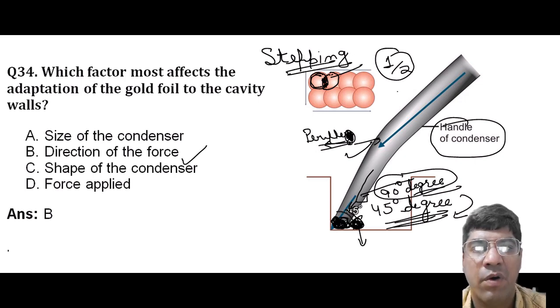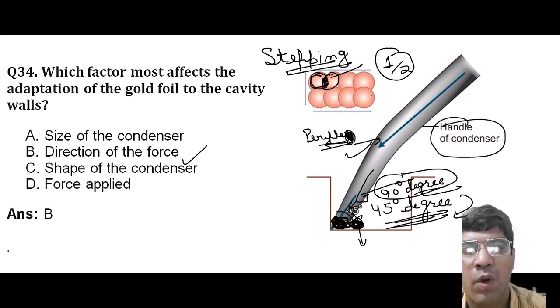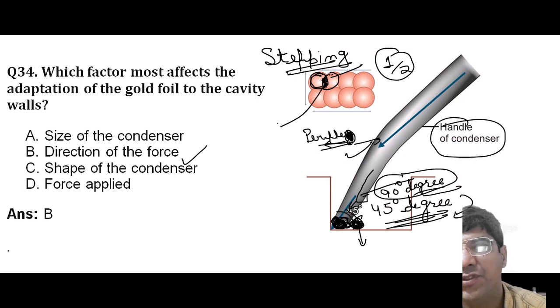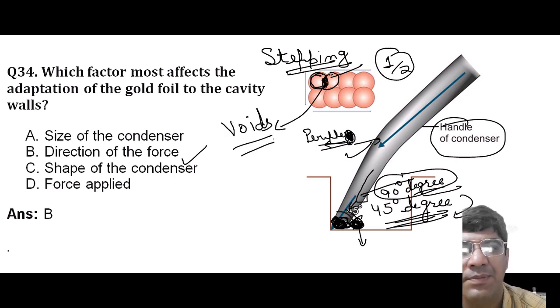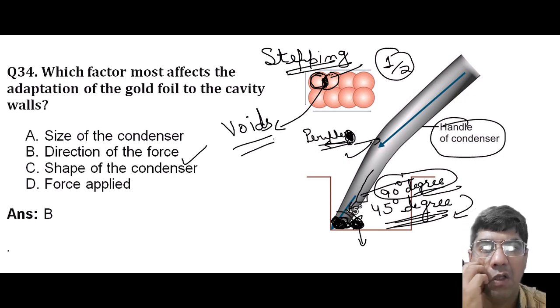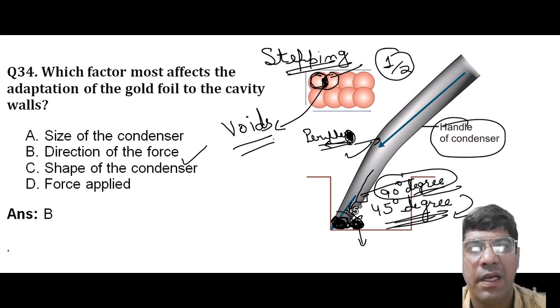This uniform pressure and compaction is essential for the hardening and welding of the restoration. Due to this, a cohesive mass is achieved. It also helps to eliminate voids, and it improves the adaptation of the restorative material to the cavity walls.